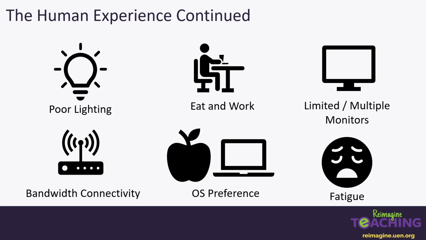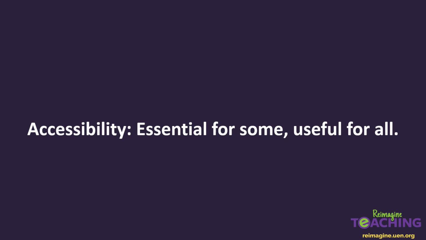Operating system preference, how you do things on an Apple versus a Windows environment, can be a little bit different. And are we thinking about those differences when we're designing our curriculum? And then also fatigue. It does not need to be stated any further, but we are all fatigued for very good and multiple reasons. So to summarize, accessibility is essential for some, but useful for all.